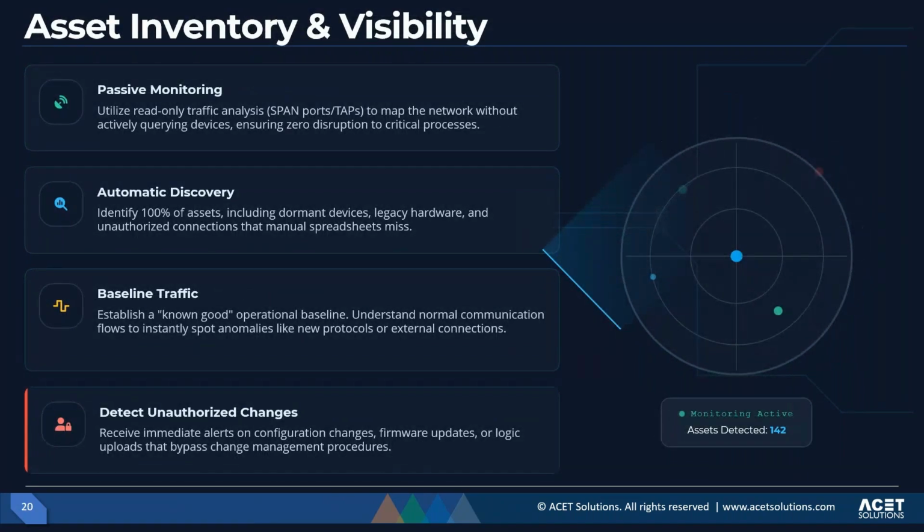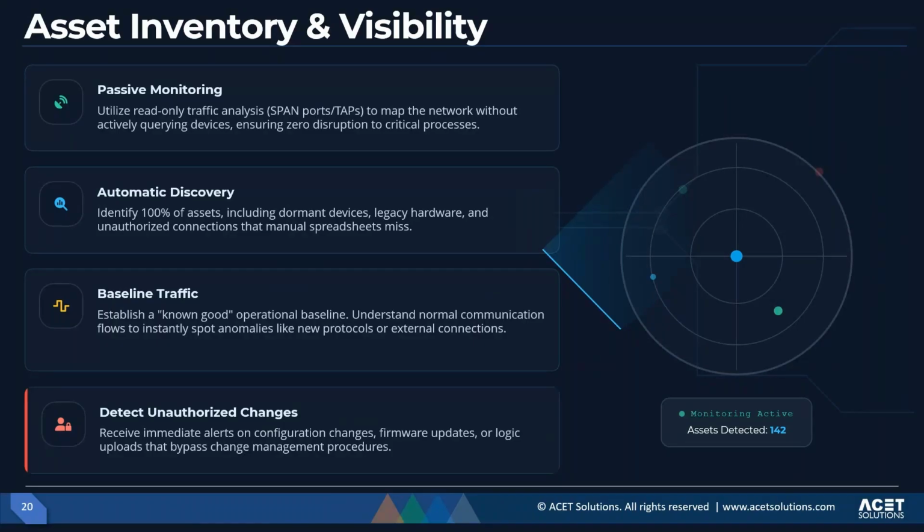Asset inventory and visibility is one of the most fundamental requirements in securing an ICS environment because you cannot protect what you cannot see. Most ICS networks still lack a complete and accurate inventory of all the devices connected to their control system.